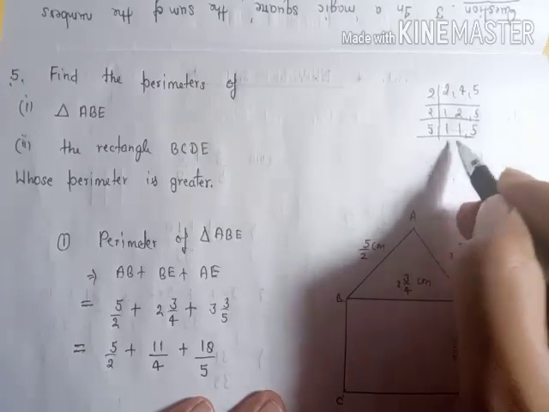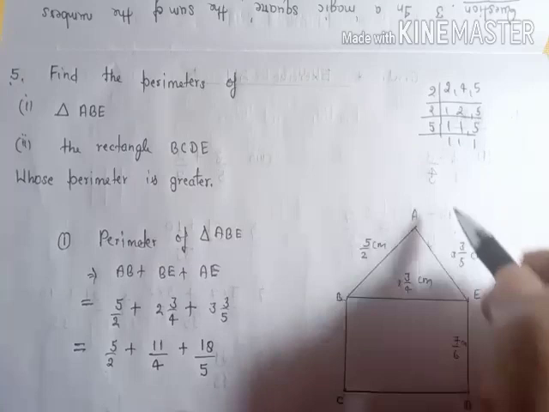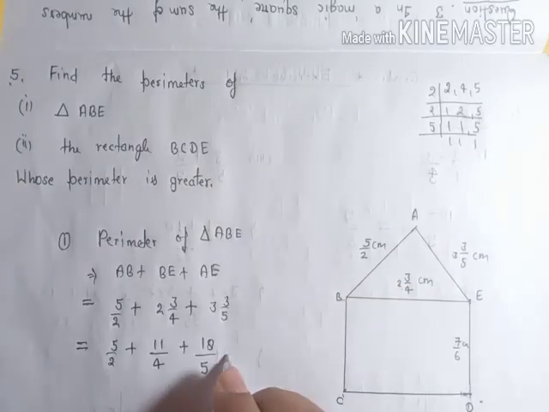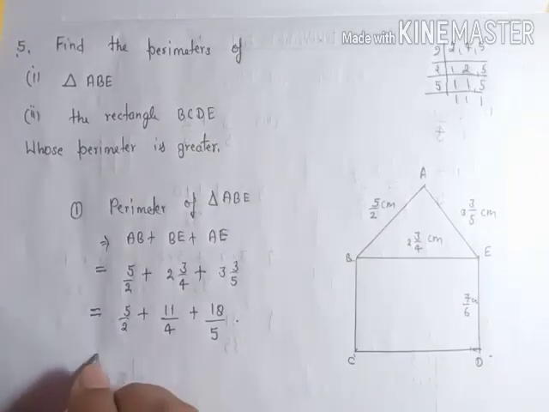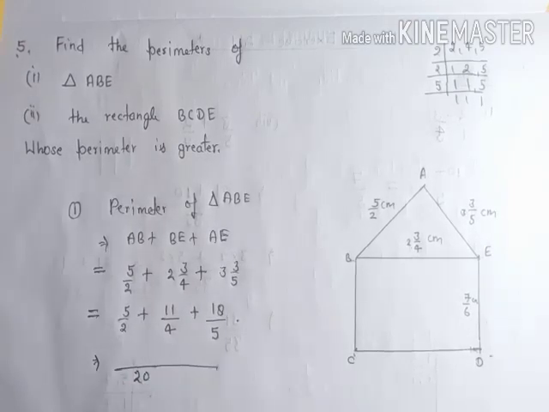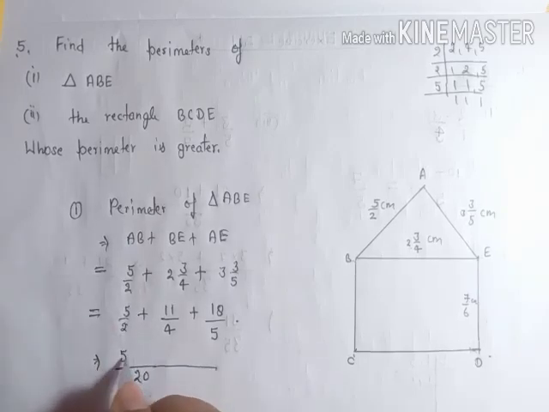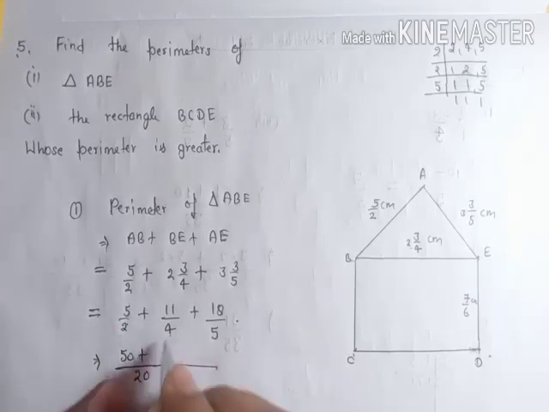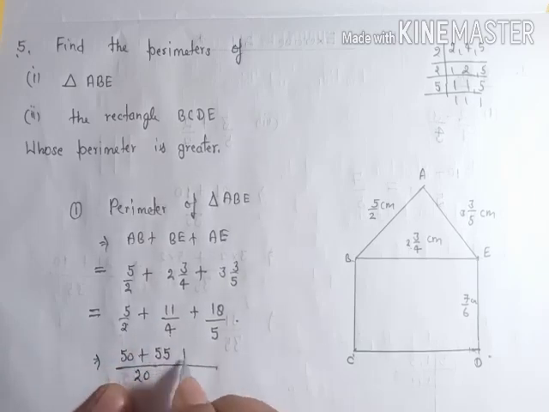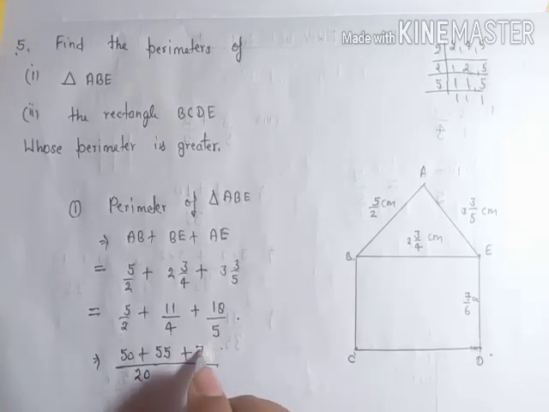Now multiply all these prime numbers: 2 times 2 is 4, 4 times 5 is 20. So here the LCM is 20. 2 tens are 20, 10 times 5 is 50, plus 4 times 5 is 20, 5 times 11 is 55, 5 times 4 is 20, and 18 times 4 is 72.